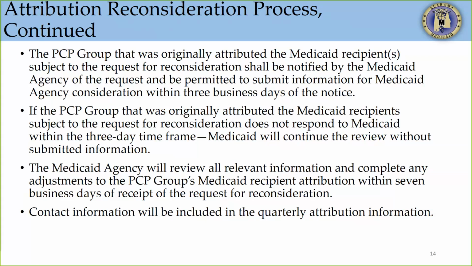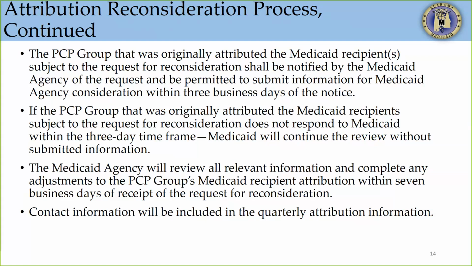Dr. Smith's office does not necessarily have to submit any documentation if they don't have any additional documentation. So the agency will continue its review for reconsideration with or without Dr. Smith's additional documentation in this example.